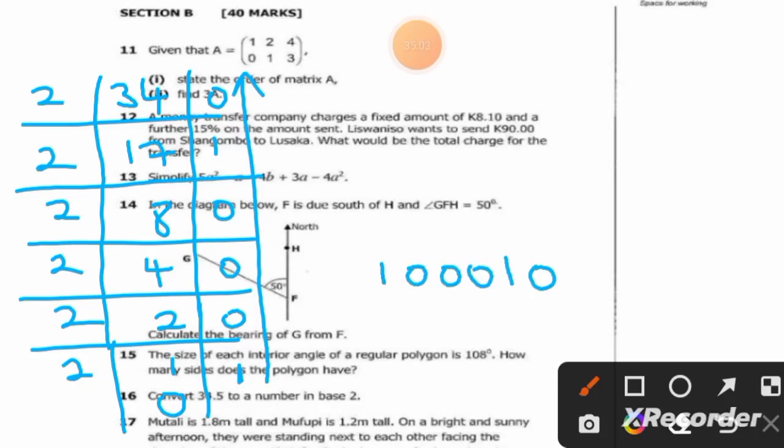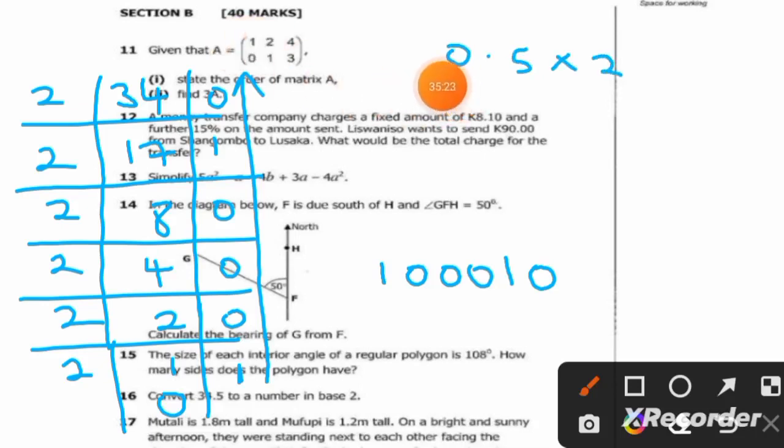Okay, now let us also deal with the number that is coming after the decimal point, which is 0.5. For this one, instead of dividing, we are going to multiply by 2.